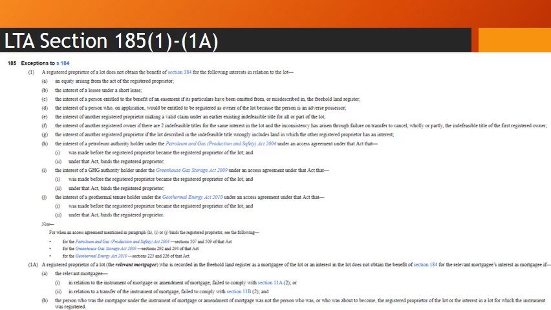So there are essentially 4 exceptions on that page that you need to be aware of. Although the other ones come up in practice from time to time, for the purposes of this course we'll really be focusing on 1(a), (b), (c), and 1(A)(a) and (b), section 185, and of course section 184(3)(b), which is the fraud exception.